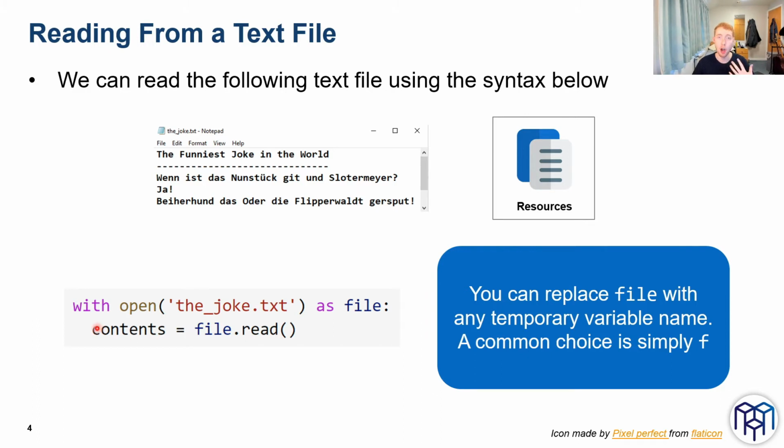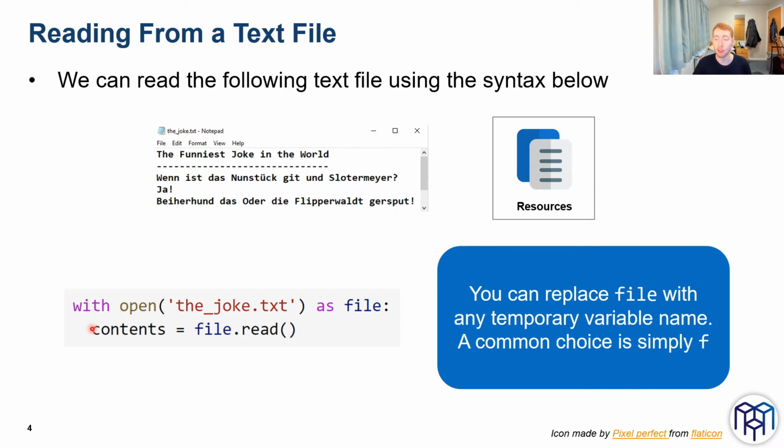Because an important thing when we're dealing with text files is that if we open it, we want to close it again at the end so that other programs can read the text file. You can actually read text files with another syntax in Python, more old-fashioned syntax. You might see this some places on the web, but that old syntax requires you to actually close a file connection after you've opened it.